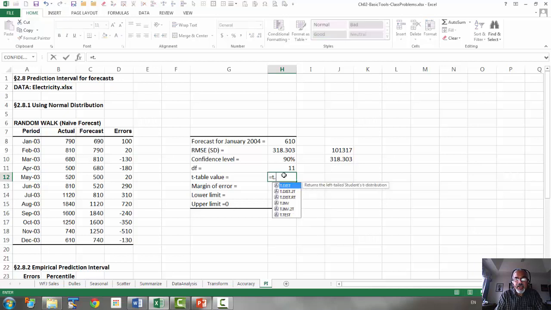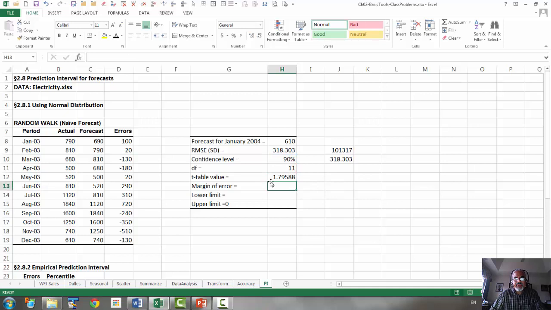So the T.INV.2T function will give us the t-table value. Now the probability we need to give here is the alpha value, that is the tail area, which is actually 1 minus the confidence level. So that's our probability, and degrees of freedom is n minus 1. So that gives us the t value.